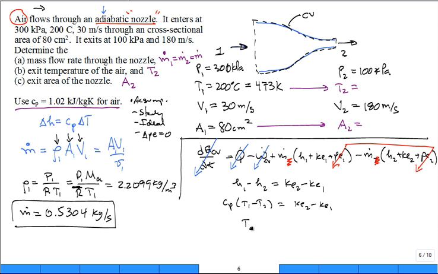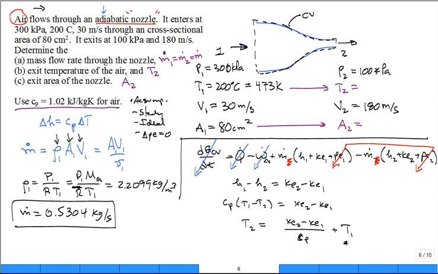This is T2 is equal to, I still don't like the way I wrote it, kinetic energy 2 minus kinetic energy 1 divided by specific heat, Cp, plus T1. Try to work as far as possible in symbols, because it's easy to fix an algebraic error if you have an algebraic error. Did I make an algebraic error? Do you like it?